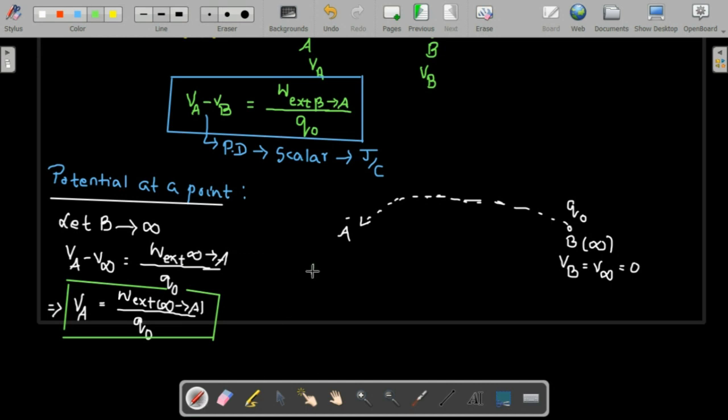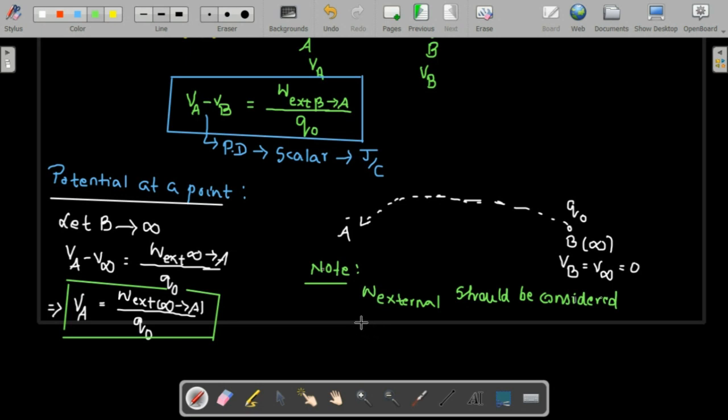Let's write down some important notes which we have to take. This work done that we are considering, always remember, is external. Work done external should be considered. So that means if there is a force here, we're doing that work against that force, so that's the external work done.